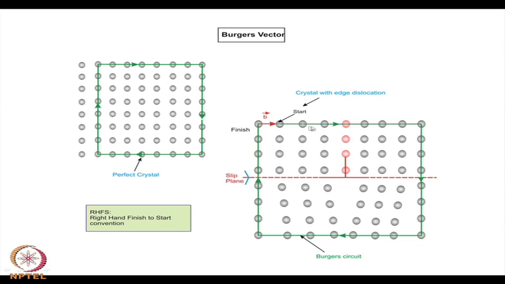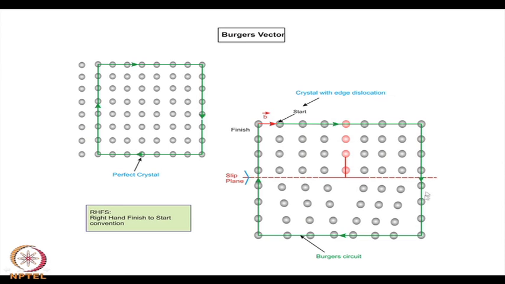If you go 1, 2, 3, 4, 5, 6, 7 and then come to 7 on this side, it has to cross the dislocation slip plane, you come down the slip plane and then again go in this direction the same number of distances, and finally we will see that it has ended up here. So, you draw what is called the Burgers circuit around the dislocation point or the dislocation line.